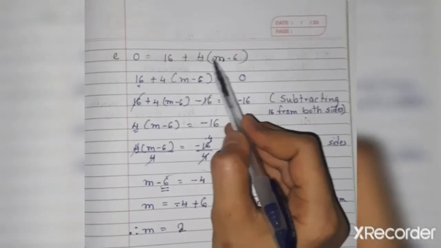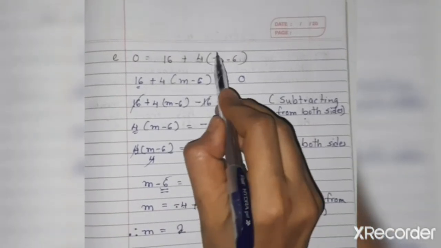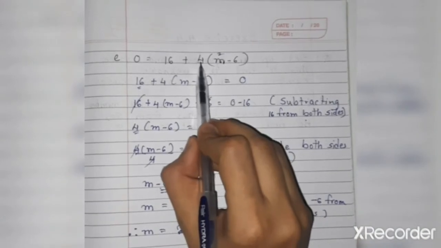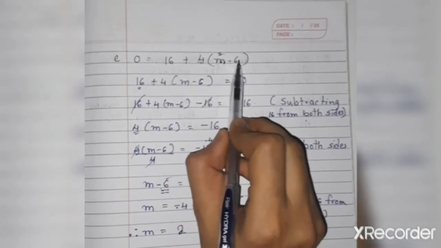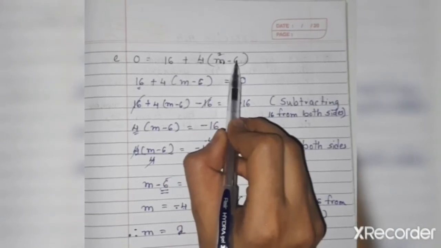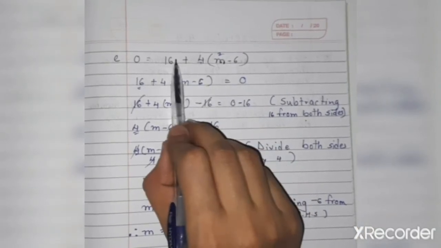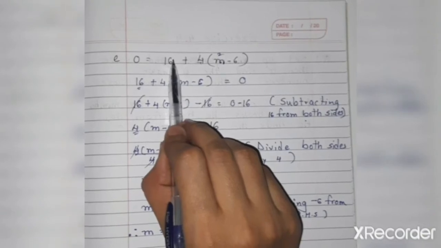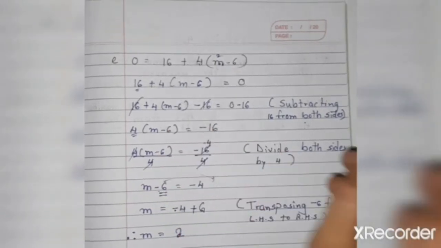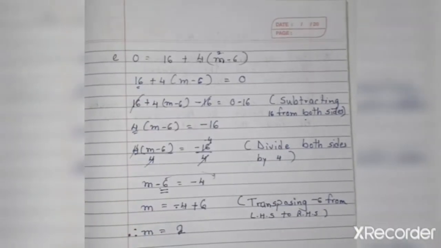Here we will replace m by 2. 4 2s are 8 and 4 6s are 24. Here we have minus 24. Okay, 8 plus 16, 24 minus 24. That is 0. So yes, our answer is correct.